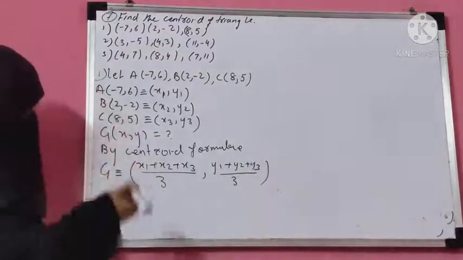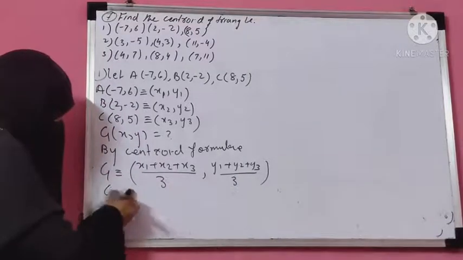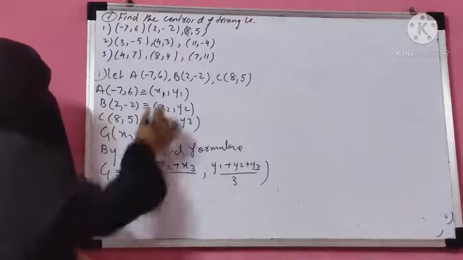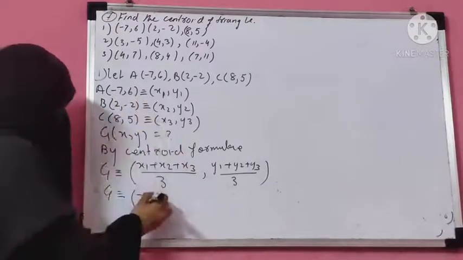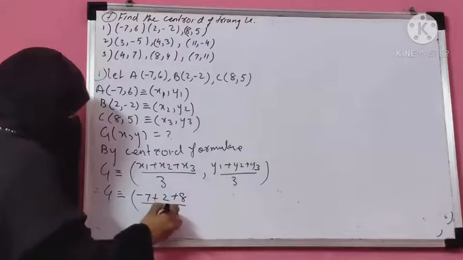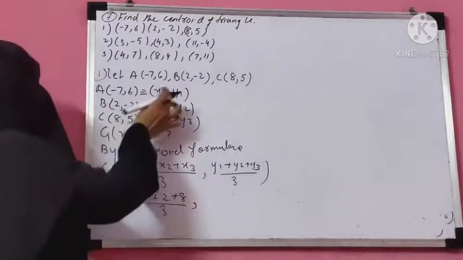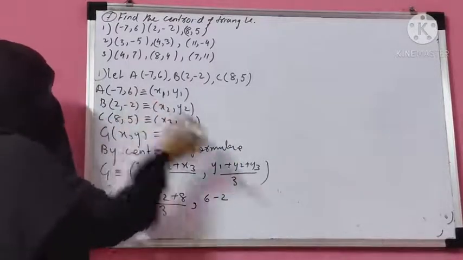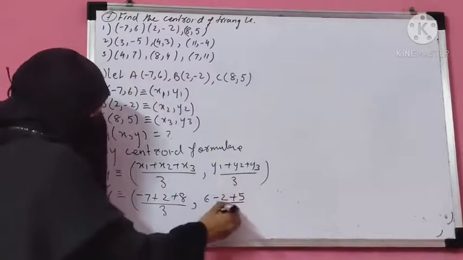Now substitute the values. For centroid G, x1 is -7, plus x2 is 2, plus x3 is 8, divided by 3, comma, y1 is 6, plus -2, plus 5, divided by 3.